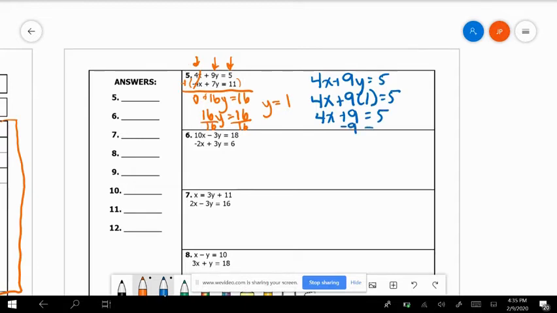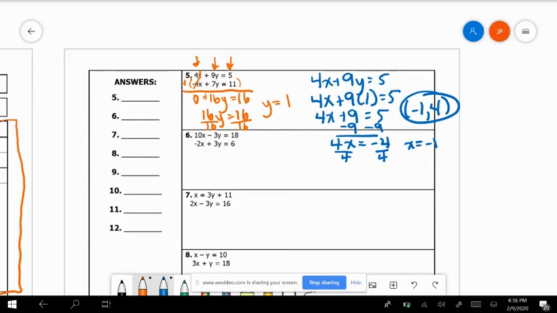Subtract 9 on both sides. 4x equals negative 4. Divide by 4, and x will be negative 1. So then your answer is negative 1, 4.